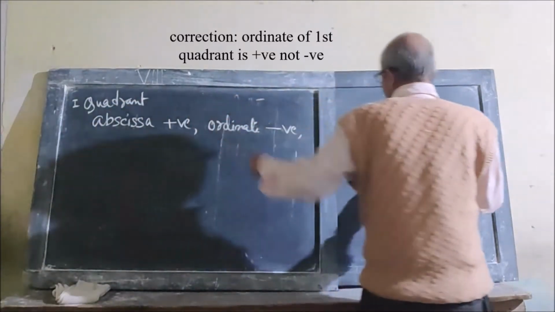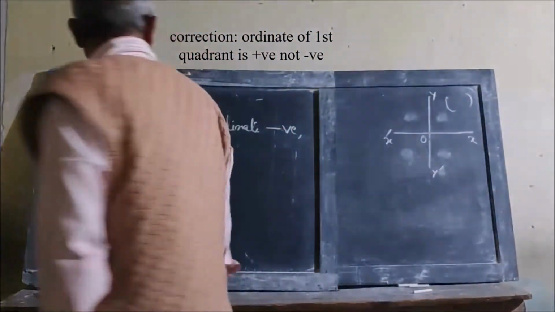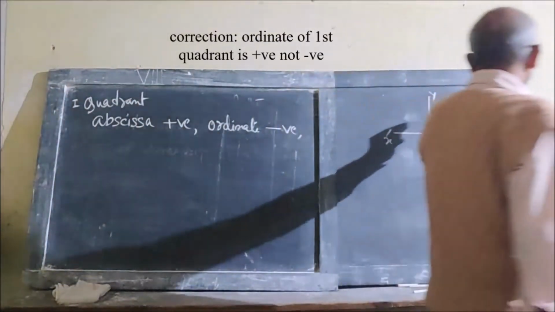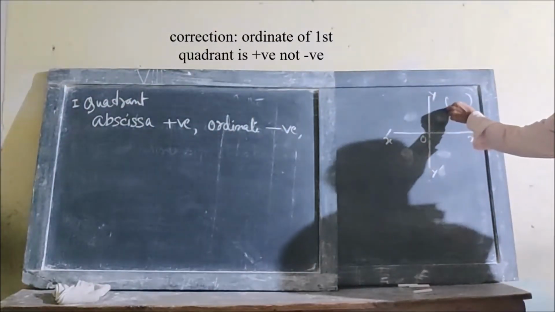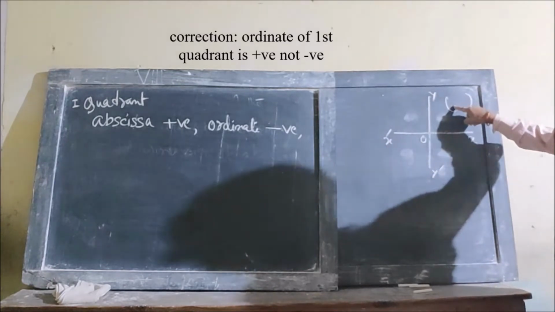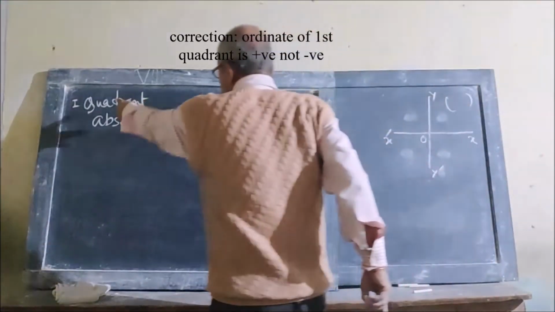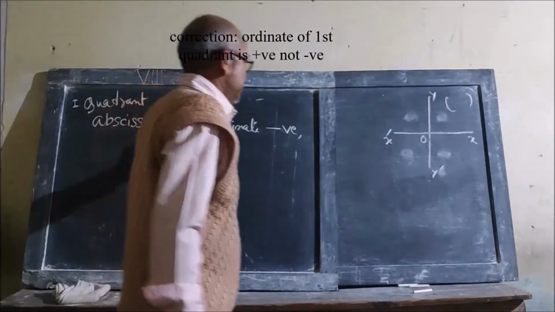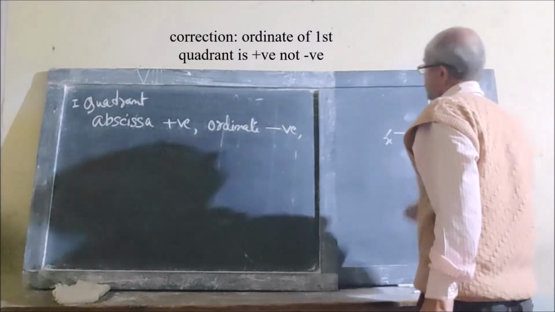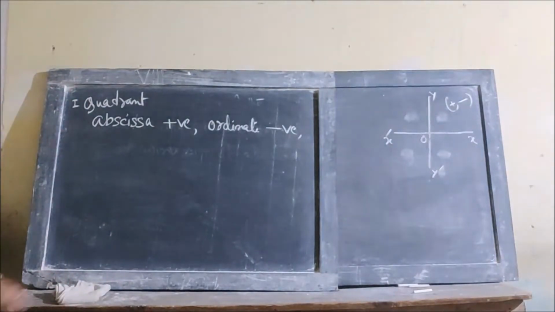Here there are two coordinates. The first one is the abscissa and the other is the ordinate. So for the first quadrant, abscissa has a plus sign and ordinate has a plus sign.